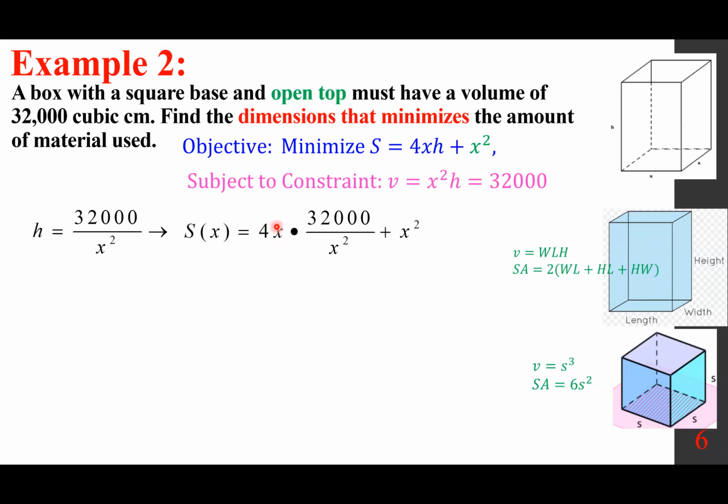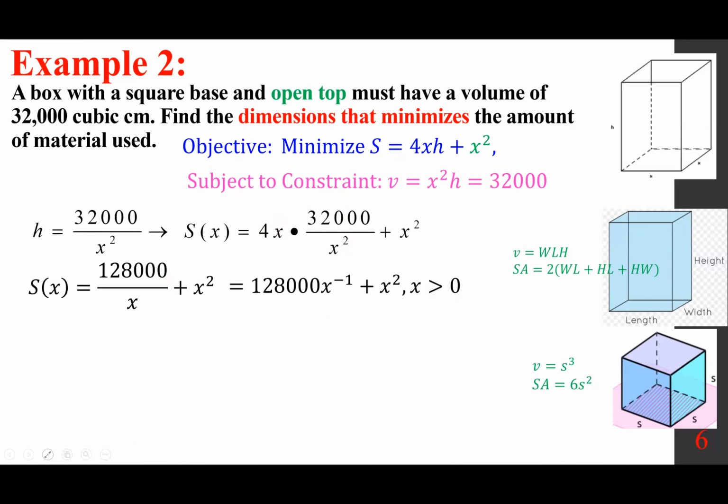This x cancels out, and this becomes x. 4 times 32,000 is 128,000 over x. Because we want to differentiate, we are going to take the x up, make it x to the power of -1.